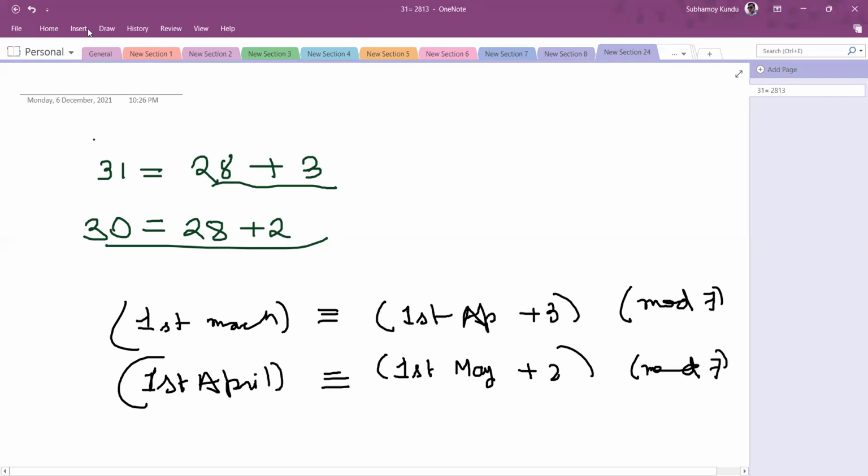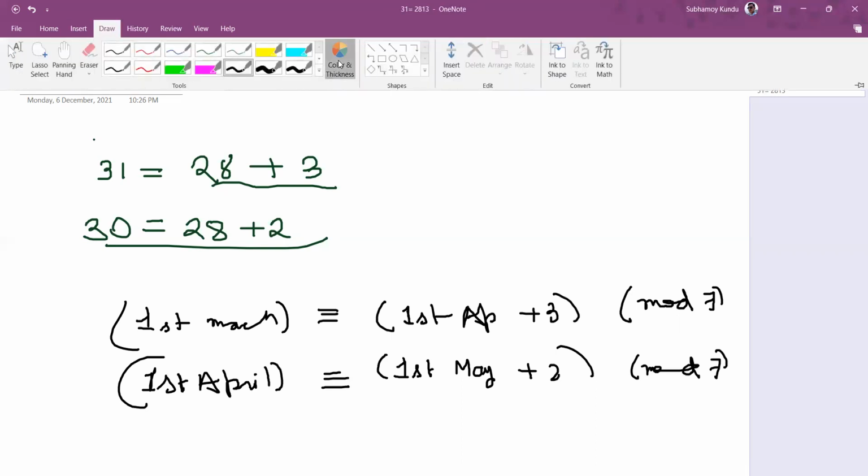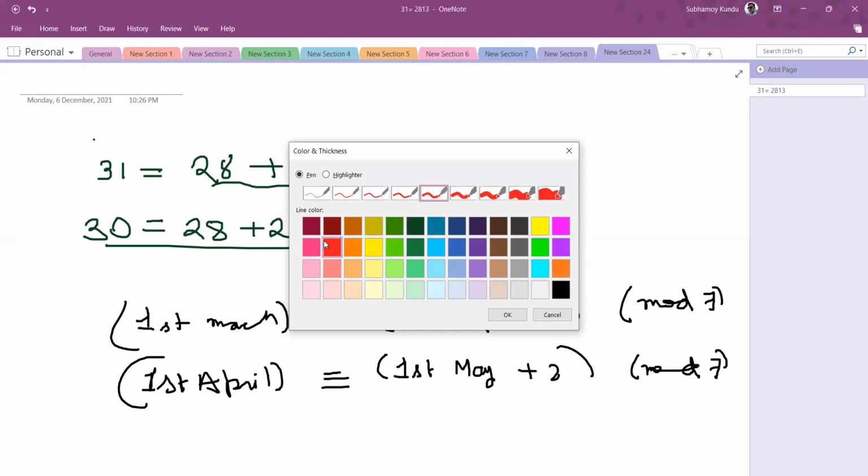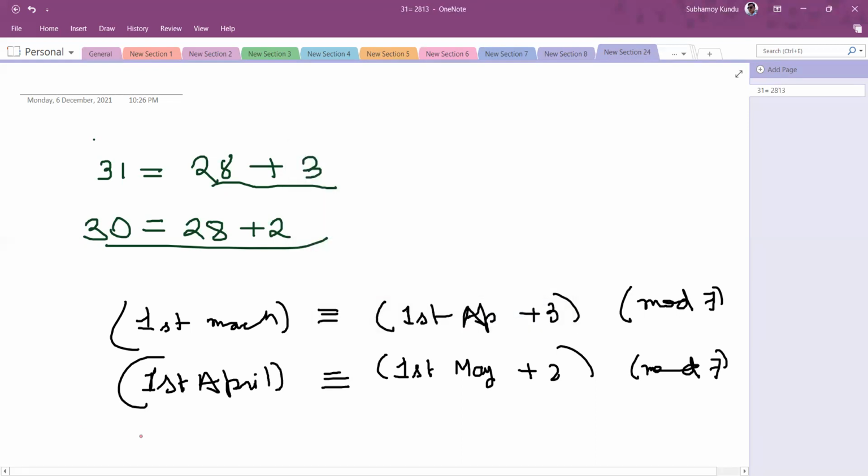So these two actually say that basically 1st of May is nothing but 3 plus 2, 1st March plus 5. You have to add 5 days.